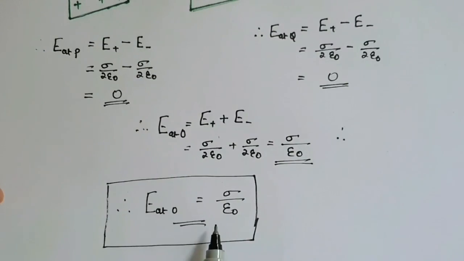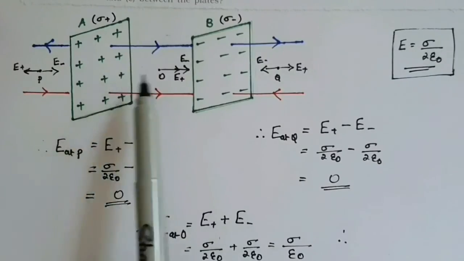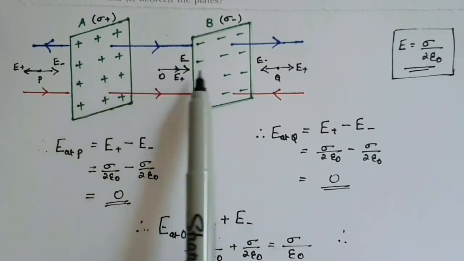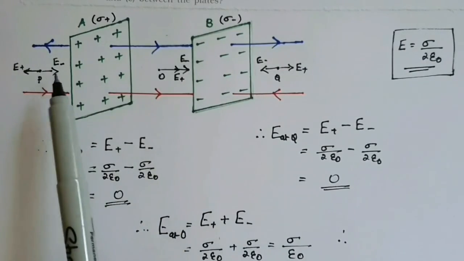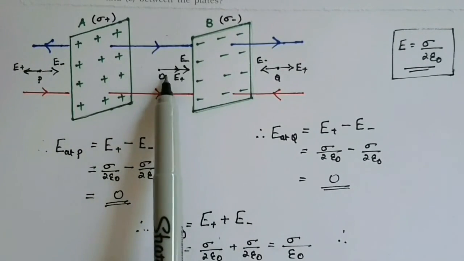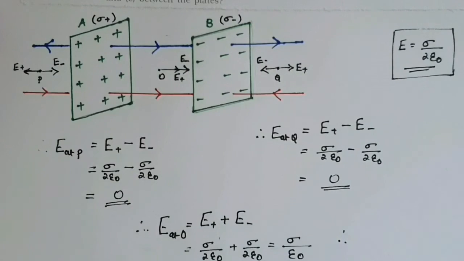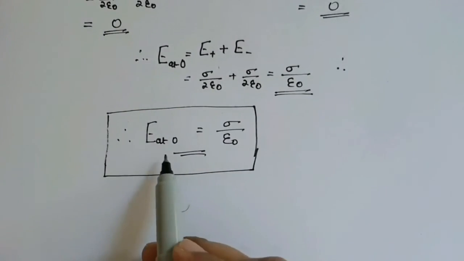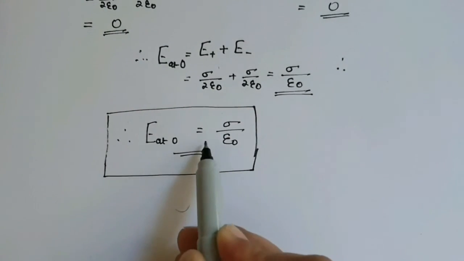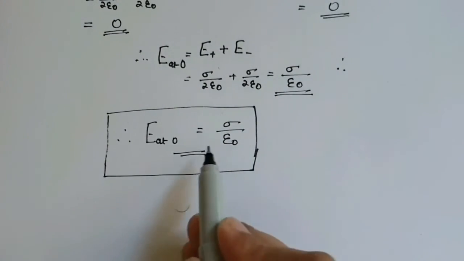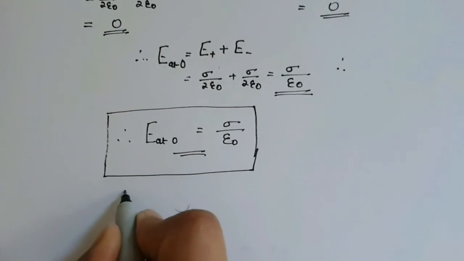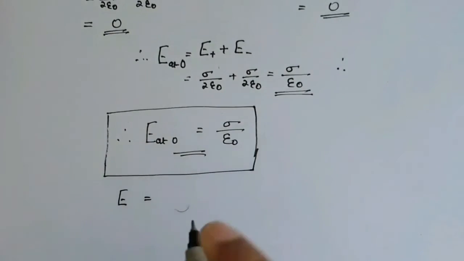This is a very important relation. For thin parallel plates, there is no electric field outside the plates. Only between the plates there is electric field, and that is equal to sigma by epsilon 0. Therefore, electric field at O is equal to sigma by epsilon 0. Now substitute the value. E is equal to, what is sigma?